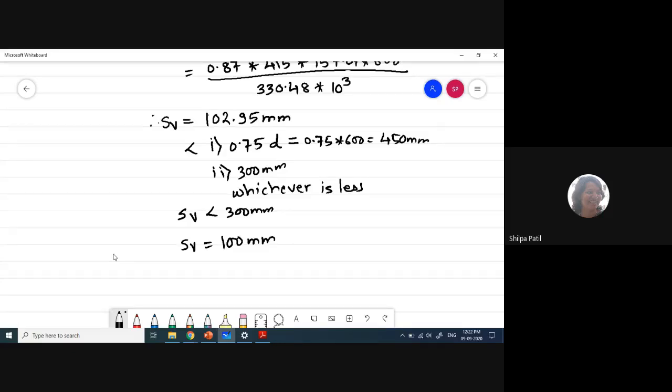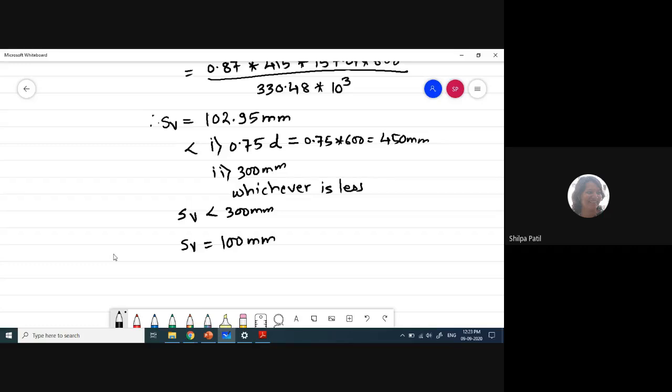See, if you round it off to the higher side, we are actually providing a little bit more spacing than the required. If you provide a spacing lesser than the required one, it will always be on the conservative side. In other words, if you provide the spacing a little lesser than whatever is required, you are providing the stirrups closely spaced, which will make your design more safe.